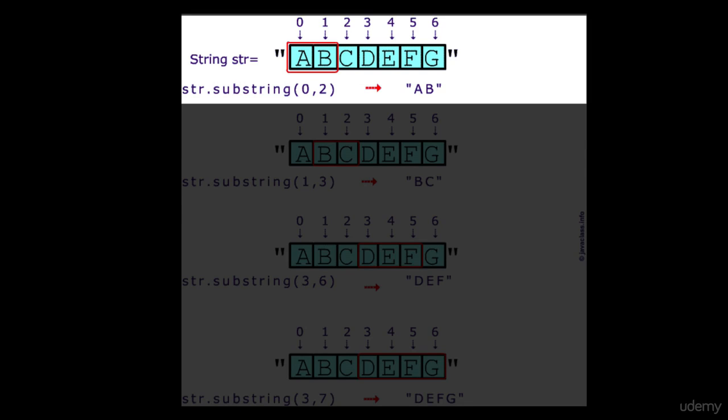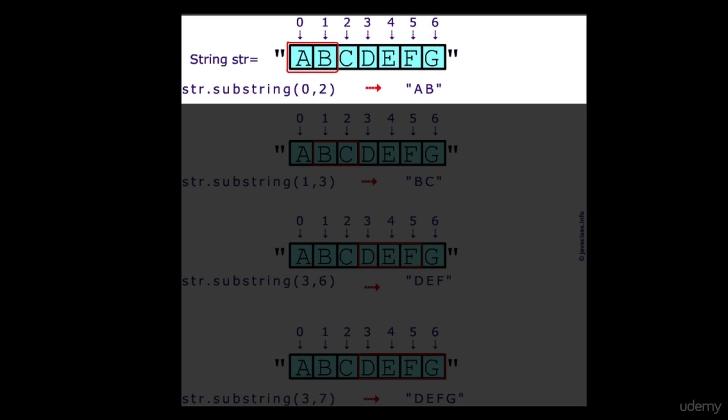Let's cover the first example. Notice that we're passing 2 arguments to the substring method. The first argument, you've already seen this, is the starting point for where you want to begin extracting the string. So we're passing in the 0th index, so that's going to give us A. And then the second argument is up to, okay?